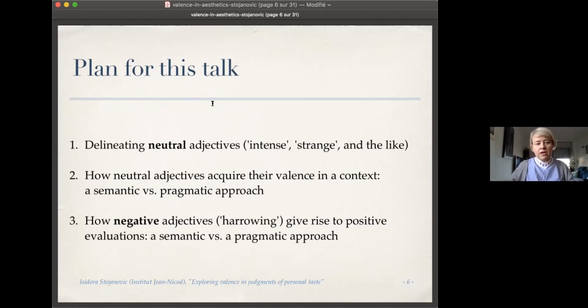Then I'll briefly talk about the question of how those neutral adjectives can acquire their valence in the context, and very briefly present two kinds of approaches to that issue, and then move to negative adjectives such as harrowing, and discuss again two approaches, a semantic and a pragmatic approach, on how negative adjectives can give rise to positive evaluations.